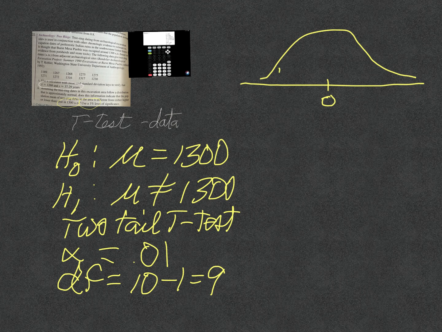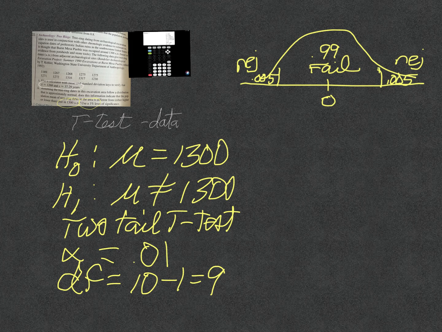This is a two-tailed test, so that 0.01 will get divided up into 0.005 and 0.005. And then this is 0.99. And this is the fail region. And this is the reject region, if we end up in those anywhere.